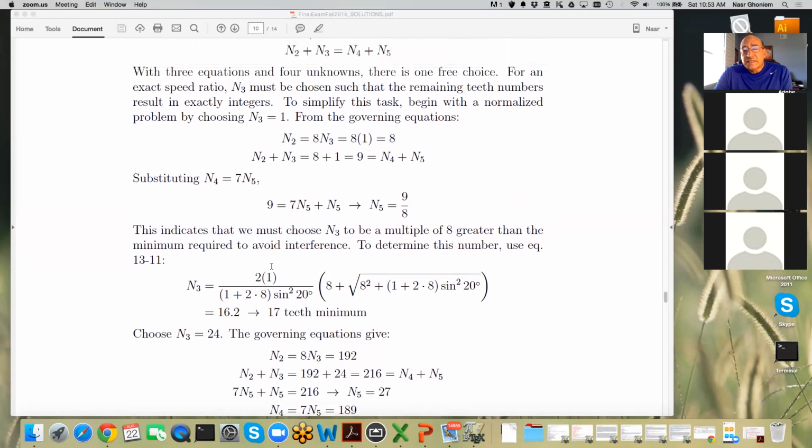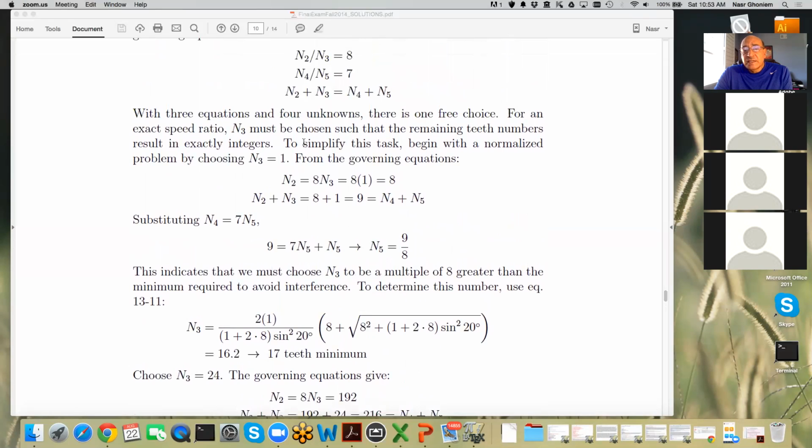So the exercise that you see here, we were trying to get some number that's an integer, and we found that to be N3 equals 8. If it came to be 80, for example, then there would be no problem because it would satisfy the interference requirement, but it came to be 8. So we kind of scratched our head and said, is 8 too small?